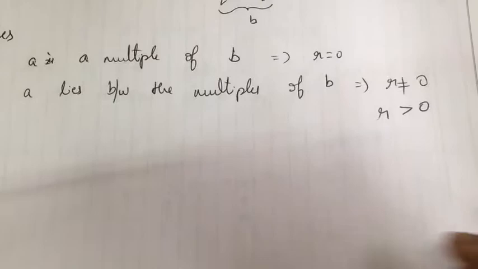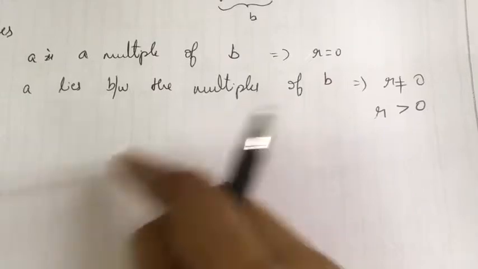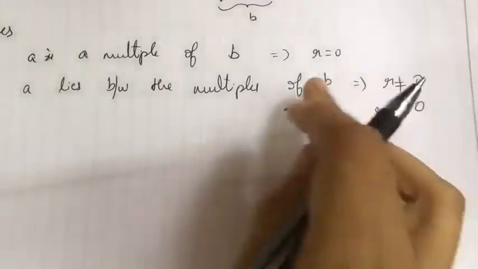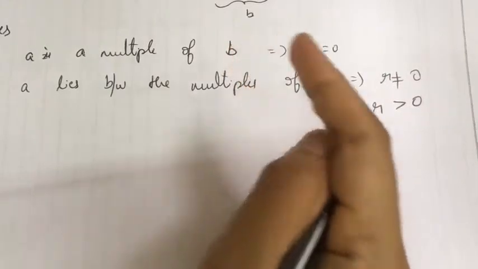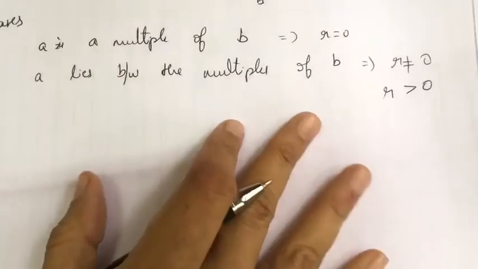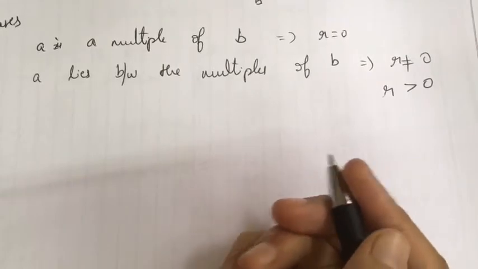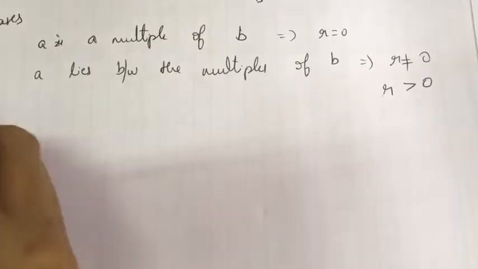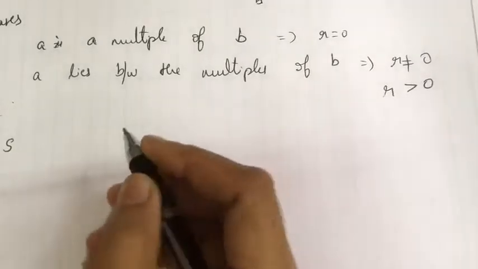Here I have to prove the existence of such q and r which satisfy the equation a equals qb plus r with the boundary r greater than or equal to 0 and less than b, and the uniqueness of q and r. First we prove existence and then we'll prove the uniqueness of q and r. Let us take a set S. This is for the existence of q and r.